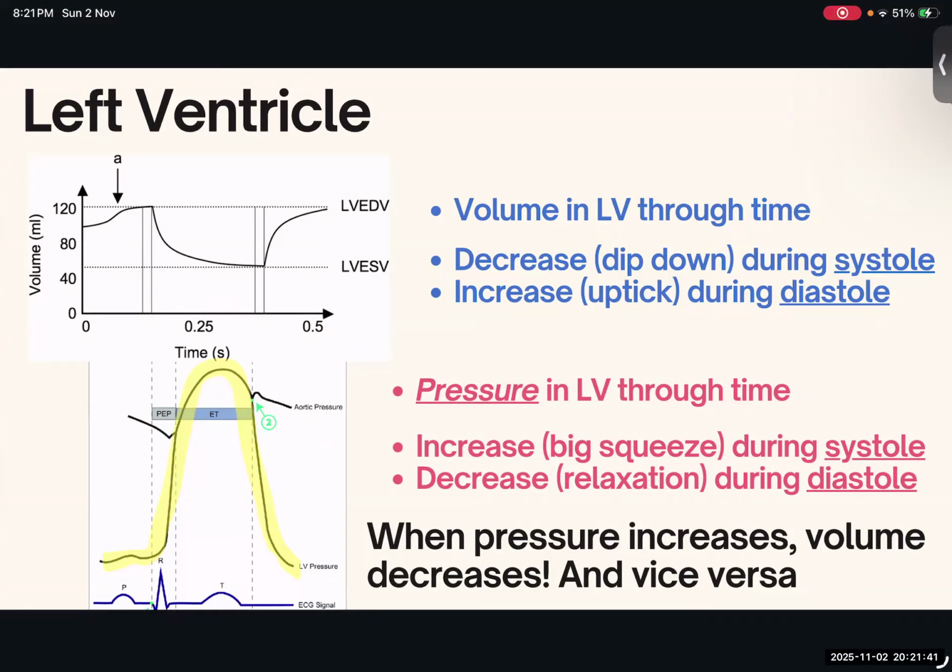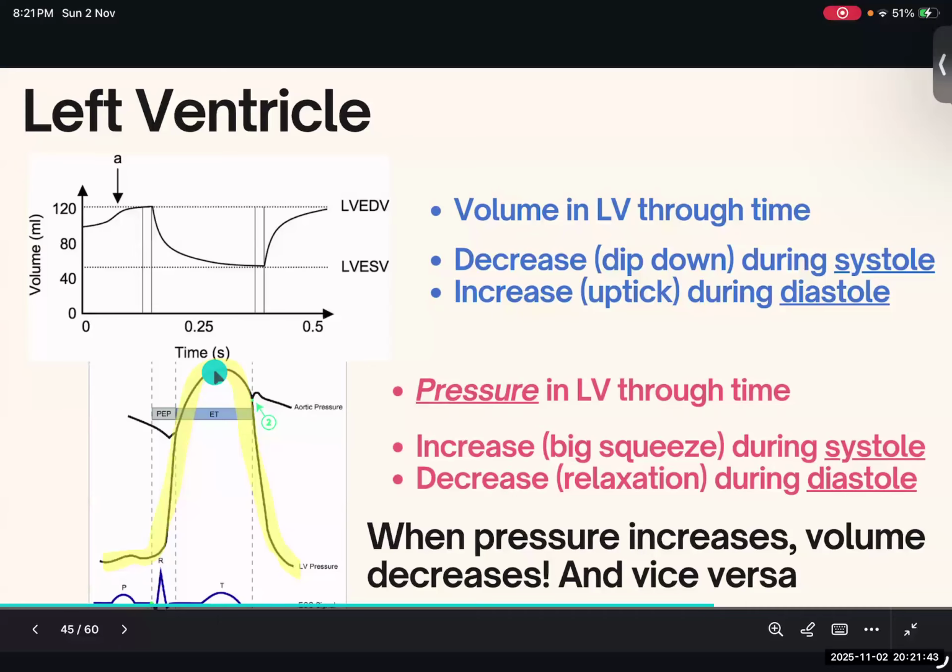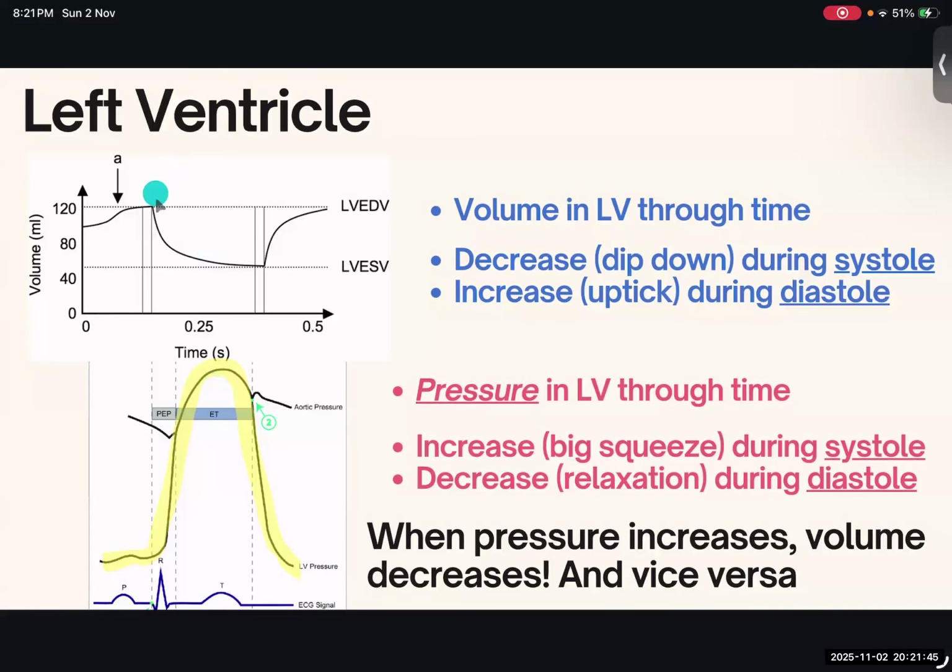Exactly correct. Because the pressure is pushing the blood out, you'll see a very low dip in the blood volume. Likewise, when we decrease the pressure of the left ventricle, we increase the volume of blood. I know these terminologies can get tricky, but you've got to get used to them so you can pick up on the questions easily.